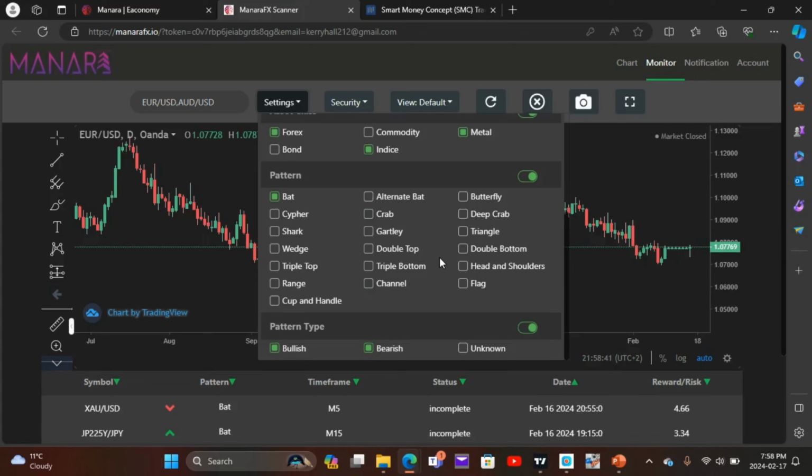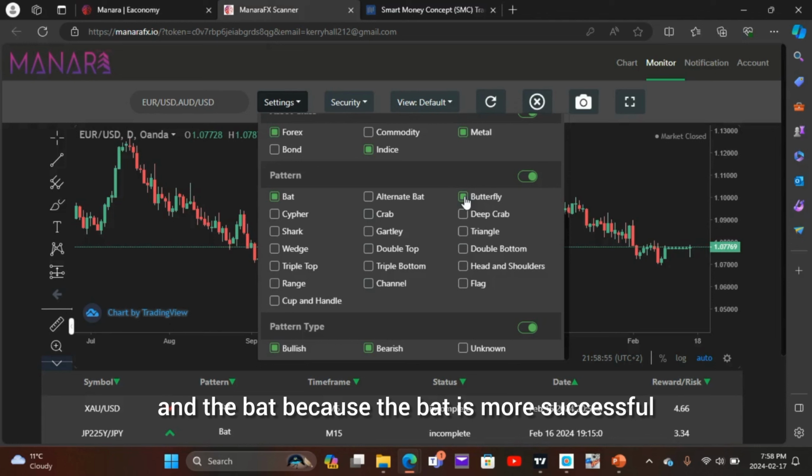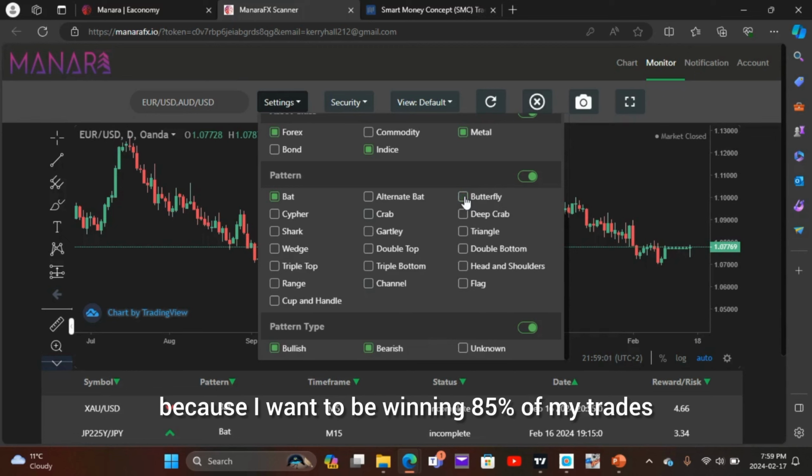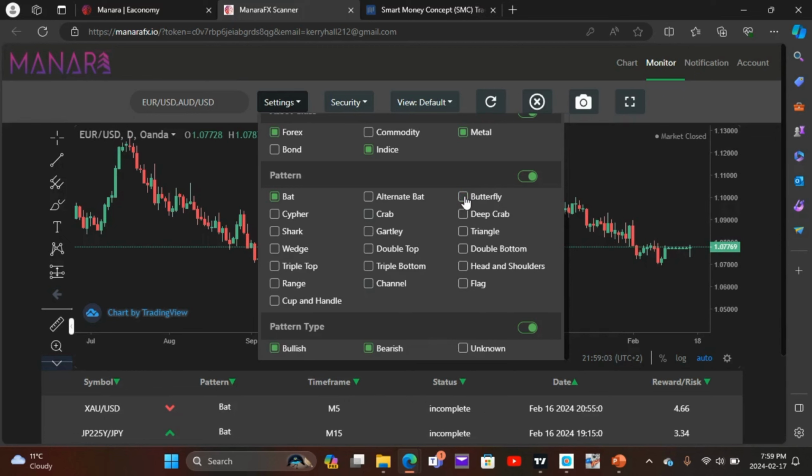All the others are successful, yes, but they have a lower win rate. The butterfly is about 83% successful. Generally speaking, most people tend to stick to the butterfly and the bat. Because the bat is more successful than the butterfly, I just stick to the bat because I want to be winning 85% of my trades, right?